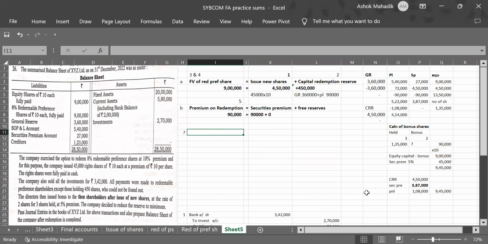Okay. So it will be CRR account debit, securities premium account debit, PNL account debit.